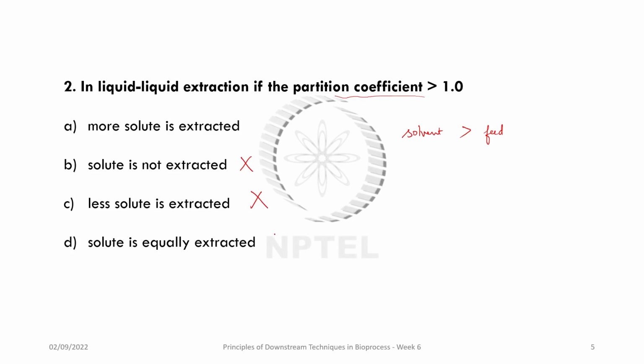No. Solute is equally extracted? No. Otherwise, it will not be greater than 1. It will be equal to 1. Correct? Only if it is more extracted in the solvent rather than the feed, it will be greater than 1. Yes or no? So, more solute is extracted is the right answer. Any comments?